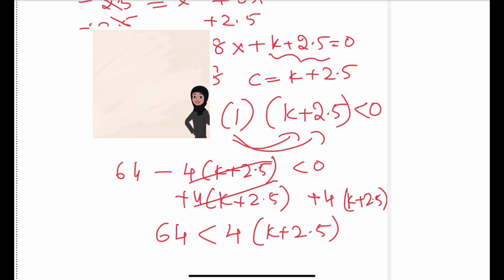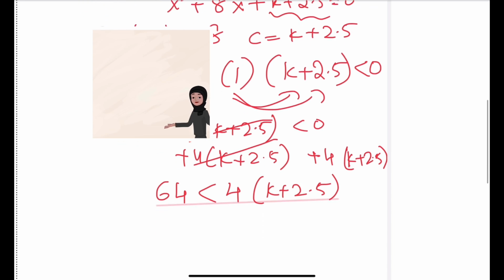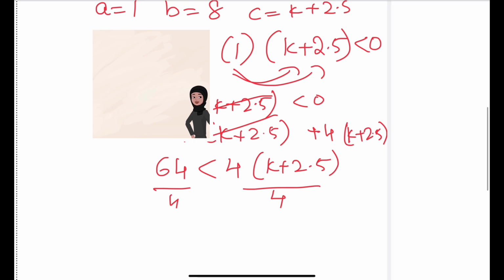We are trying to solve for k, so next we divide both sides of this inequality by 4. The 4's cancel out and 64 divided by 4 is 16. So 16 should be less than k plus 2.5.